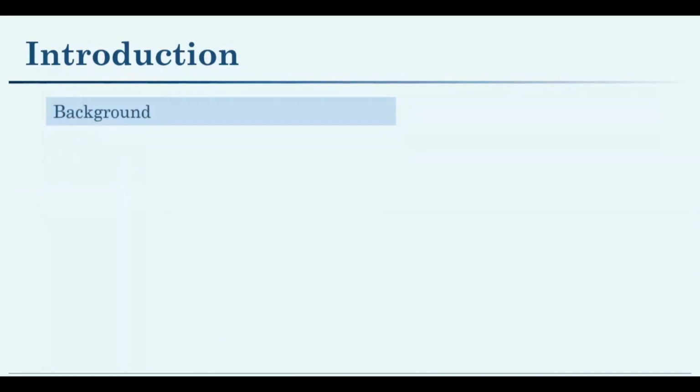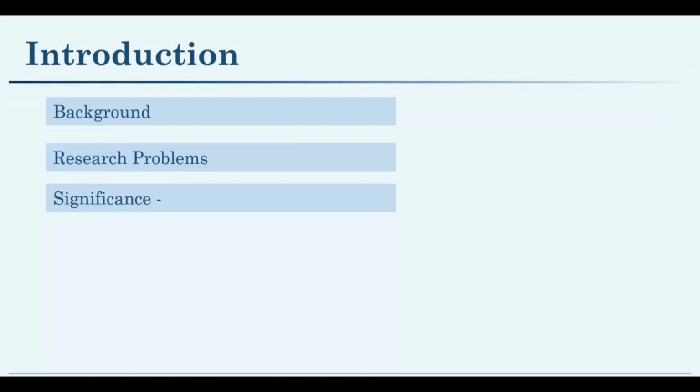So what to write exactly in the introductory part? In the introduction, cover the background of your topic. Then you have to write about your research problems and the significance of the work.